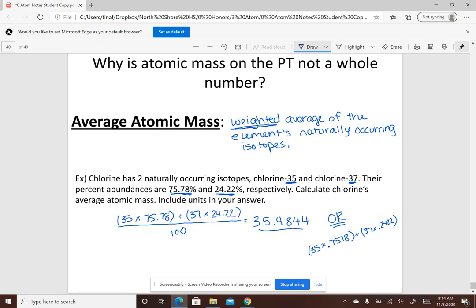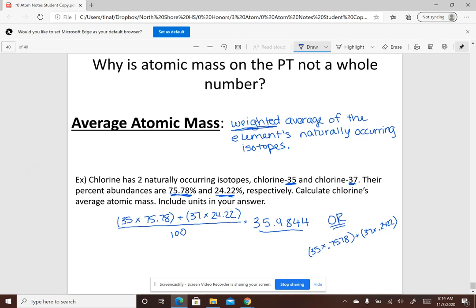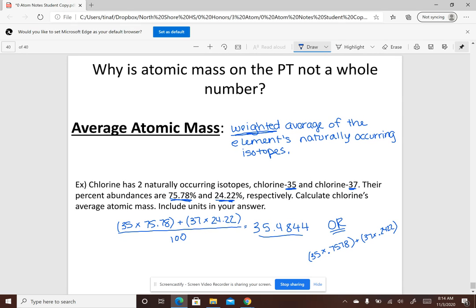Okay. Last thing to talk about, the units for average atomic mass. Our units are going to be AMUs, atomic mass units. The definition of an AMU: 1 AMU is equal to 1/12 of a carbon atom.